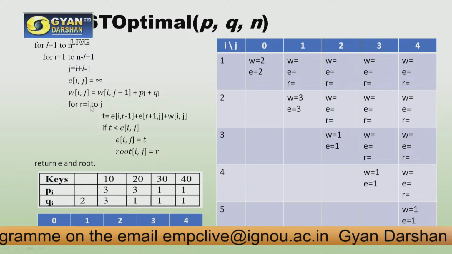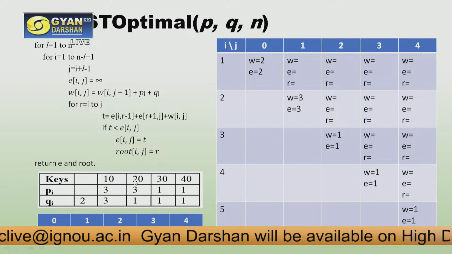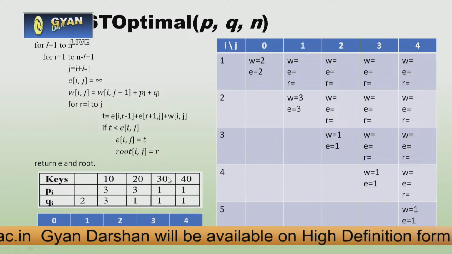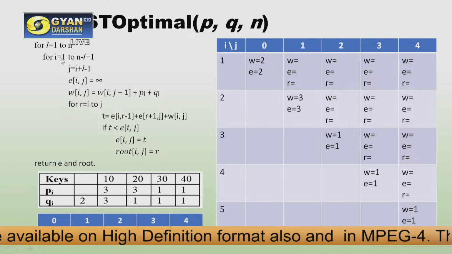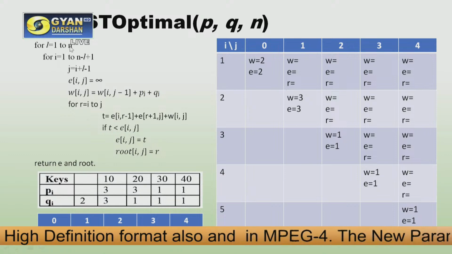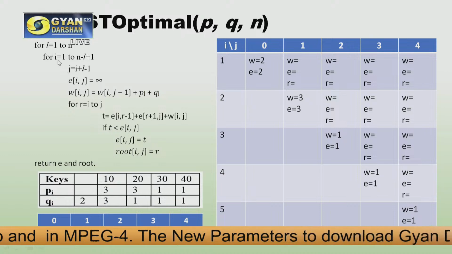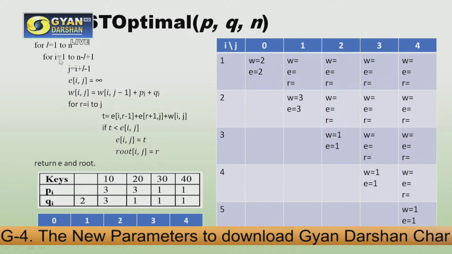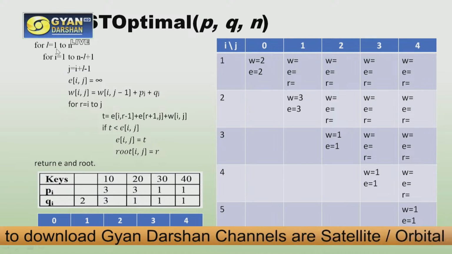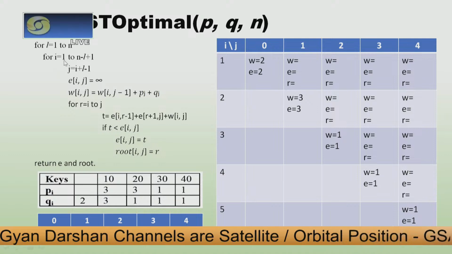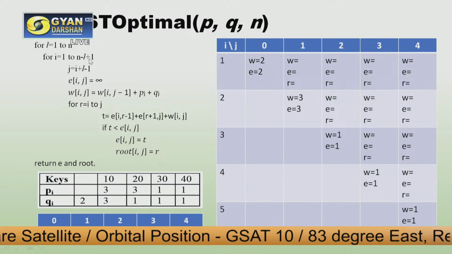all the keys. That means in our case, we'll be starting with one key, then 2 keys together, then 3 keys together, and then all the 4 keys. Now when the value of L is 1 to n, for the value of i, i will vary depending on how many keys you are referring to together. Then the value of i will vary from 1 to n minus L plus 1.